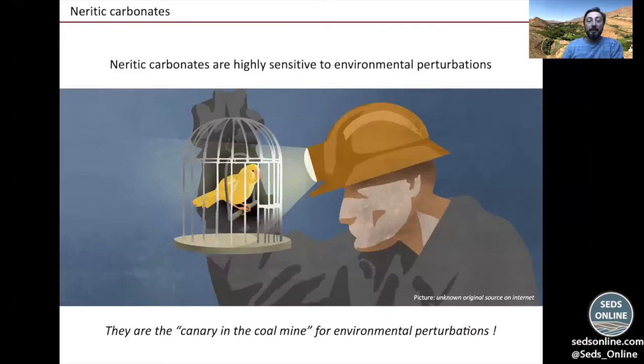They are also highly sensitive to environmental perturbation, and I often like to see them as the canary in the coal mine. They will often be impacted before you see any change in deeper water environments. So they clearly help us understand past global environmental change.